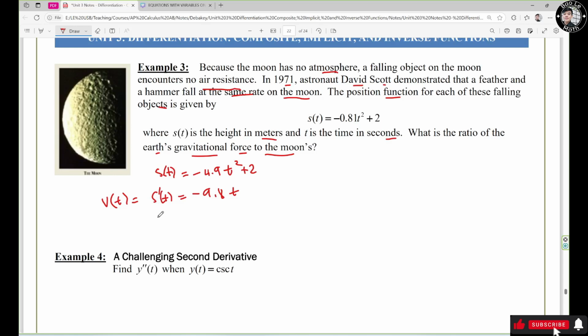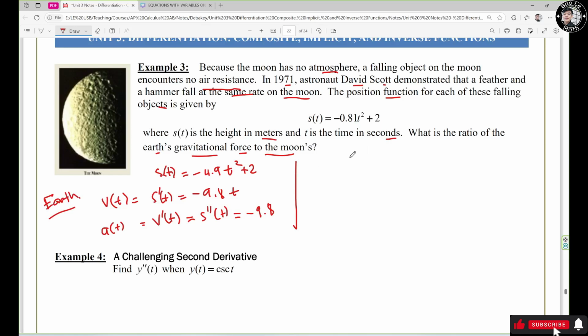Now you're going to take the second derivative of the position function. It's the same thing as the acceleration, right? So it could be a of t equals v prime of t or s double prime of t, right? So it's negative 9.8. So this one is the Earth.